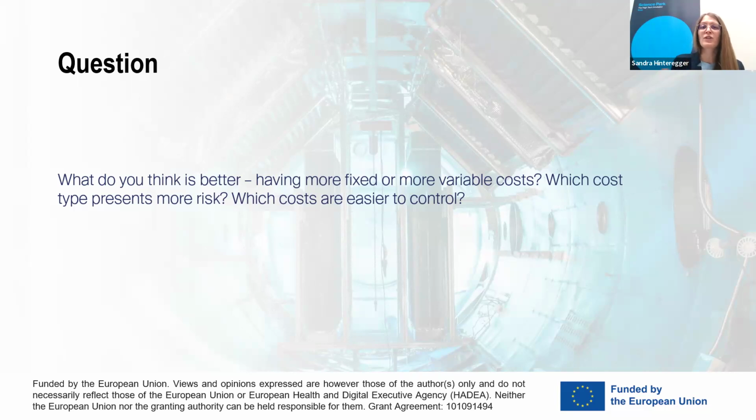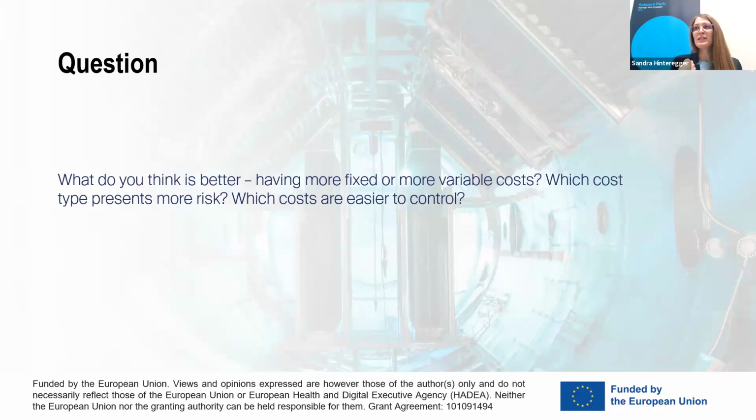While variable costs, of course, are harder to control: for fixed costs we have the contracts, so we know on a monthly basis how much we have to pay. For variable costs like raw materials, we know that they are not always stable. They can fluctuate over time and are therefore not that easy to control. Super. Thank you so much for your comments in the chat.